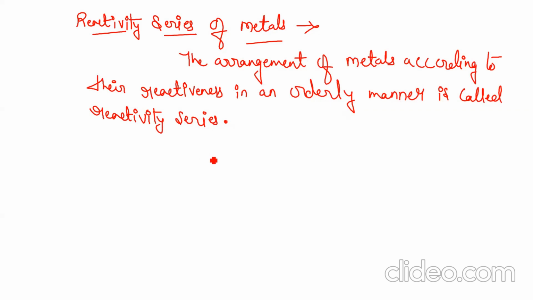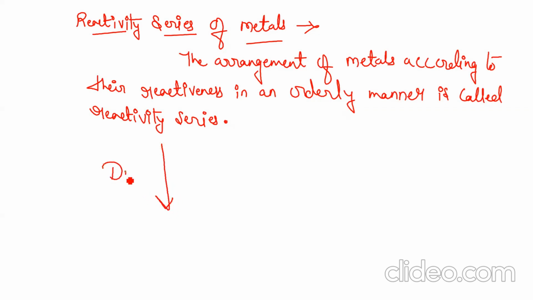In the reactivity series, a table is formed for different elements, and these elements are arranged from up to down, column-wise. They show reactivity decreasing as we go down in the column.